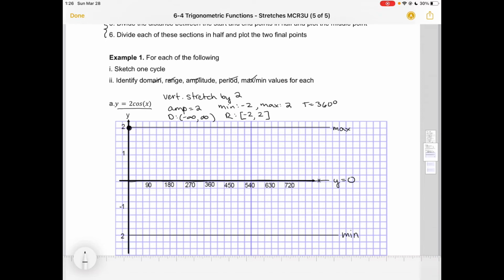And then my end point is also a maximum at 360 degrees because that is the length of one period. Now I'm going to divide that distance in half and plot my middle point, which is the minimum. Then I'm going to divide first point to third point in half, and then middle point to end point, and then I'm going to connect the dots to get my stretched cos function.